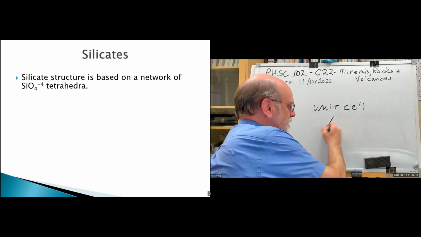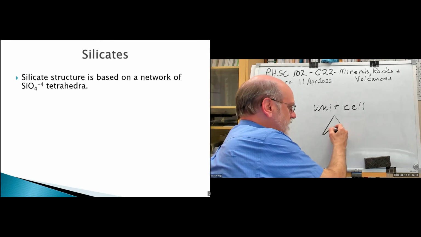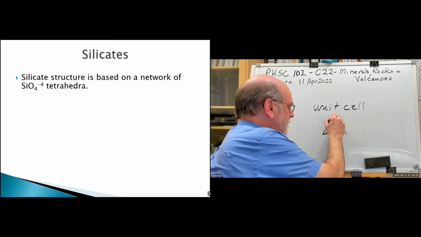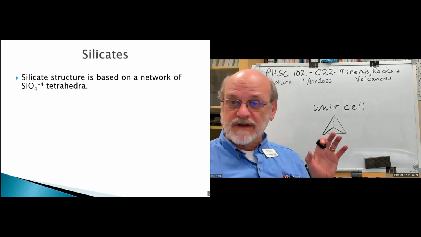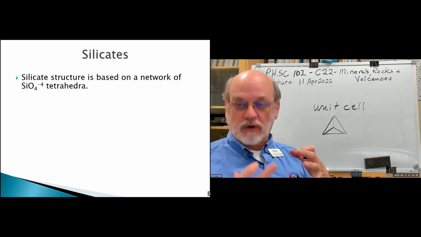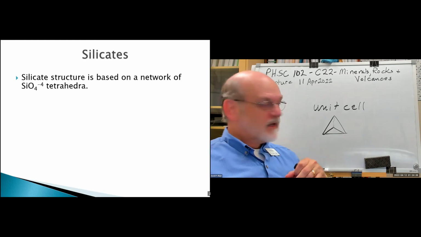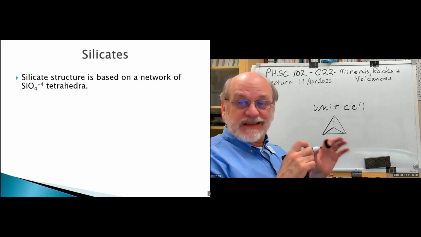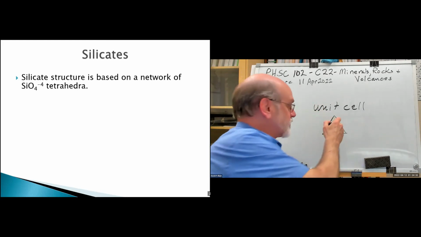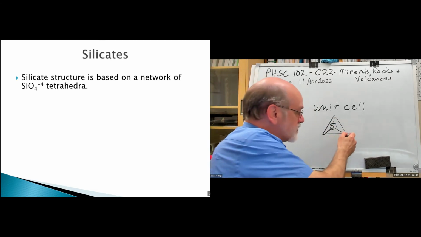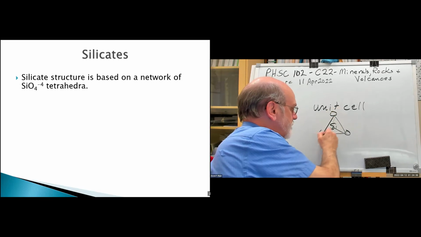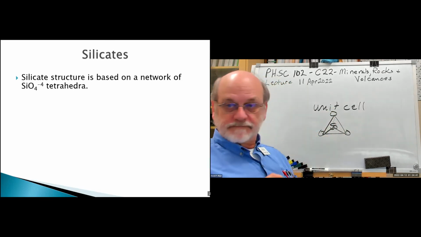So you know what a tetrahedron looks like, like that. It has four sides, and all four sides are equal. And if we put a silicon atom right in the center, then we put oxygens at each one of the apexes. And there's one in the back. Okay?